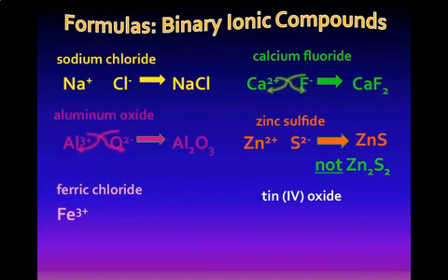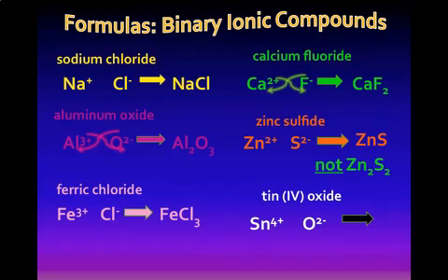Ferric chloride, ferric is Fe+3, and chloride is Cl -1. So using my crossover trick, I'm going to have FeCl3. Okay, then I have tin(IV) oxide, so that IV tells me tin is a 4+. Oxygen is a -2.